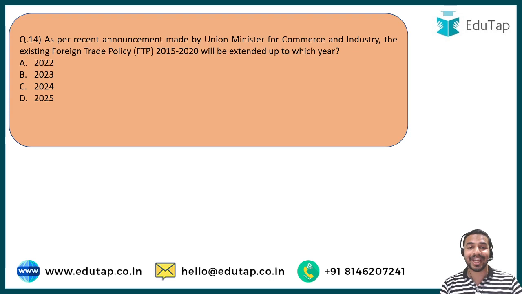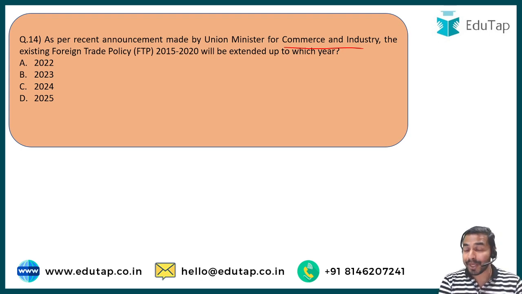Now let us move on to the next question, which is about the foreign trade policy. As per the recent announcement made by the Union Minister for Commerce and Industry, the existing foreign trade policy, that is 2015 to 2020, will be extended up to which year? Here you are required to tell me up to which year this policy will be extended.